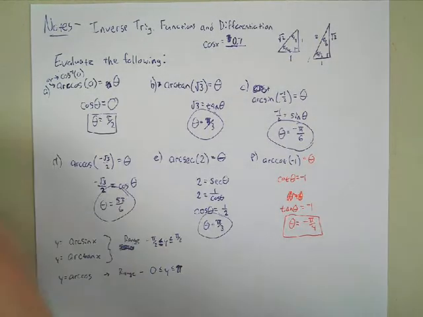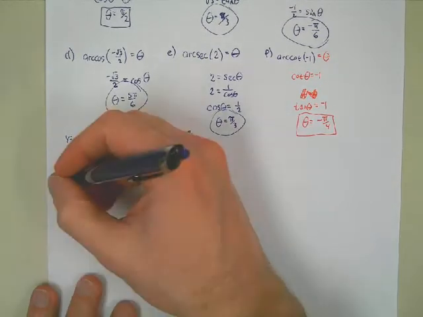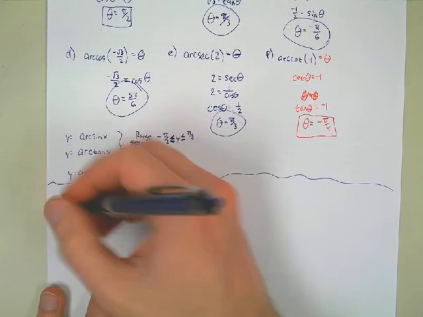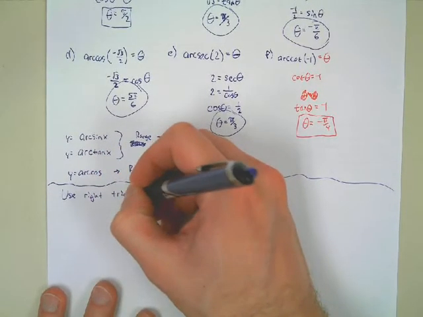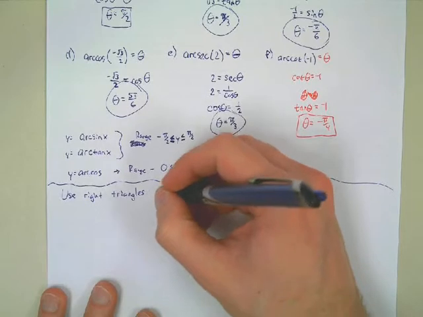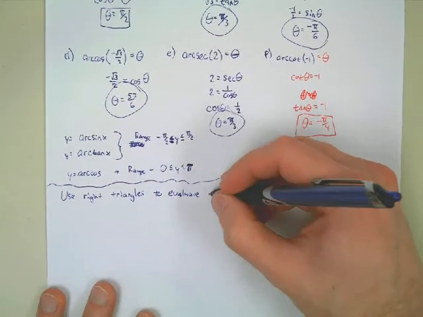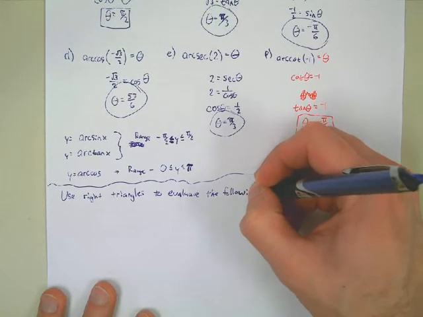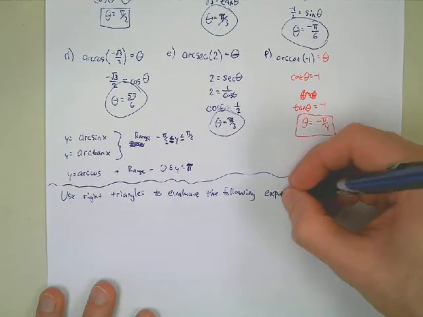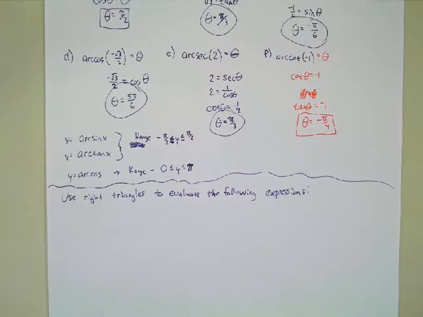Okay, next, so again, this is not calculus yet. But just some other things you can do with those inverse trig functions. So for example, let's do 2 of these.